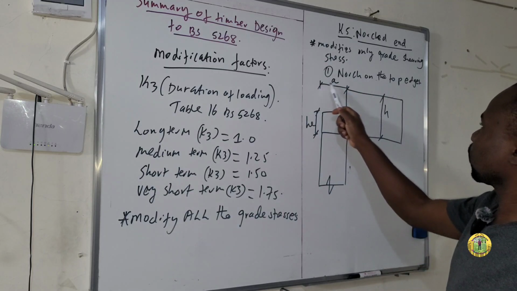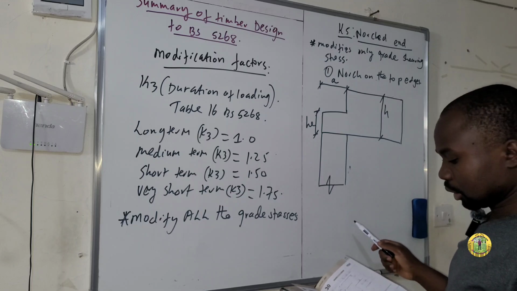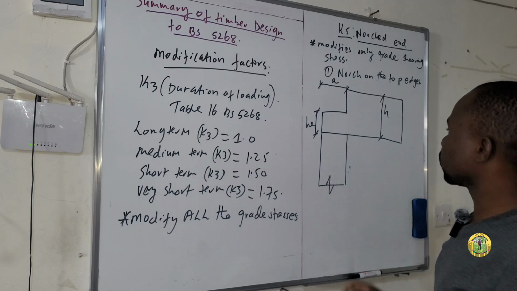The distance from here to here is A, and the distance from here to here is HE.